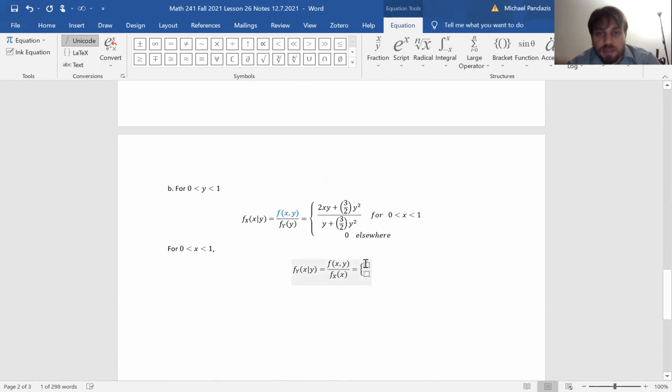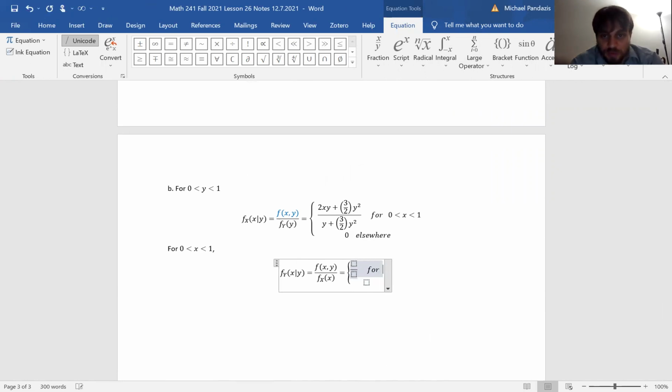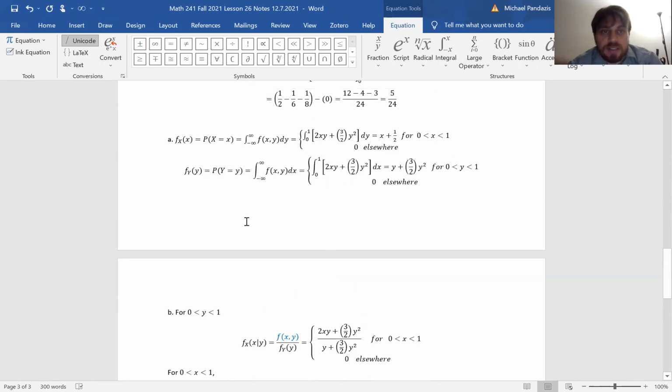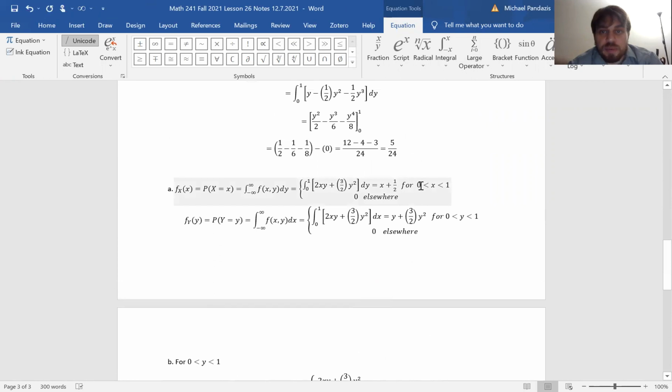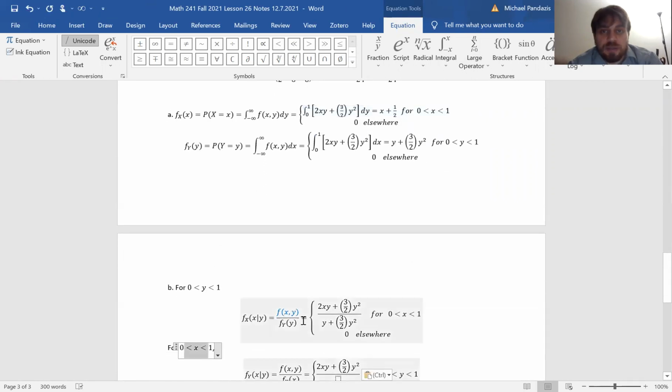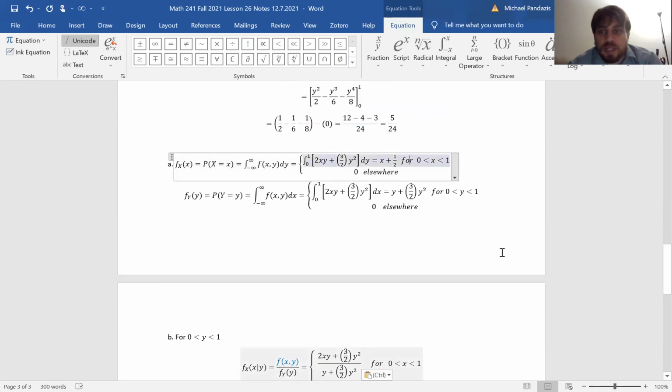So for 0 less than y less than 1, this numerator is that. And the denominator, f sub x of x, is for x between 0 and 1, which is what we're considering here.